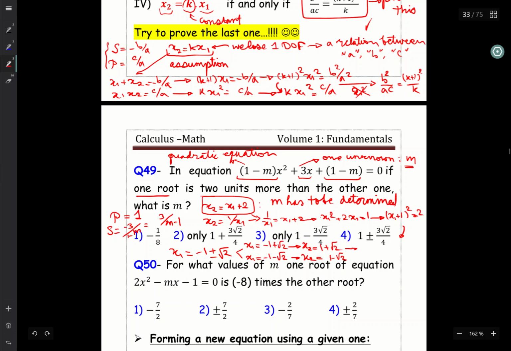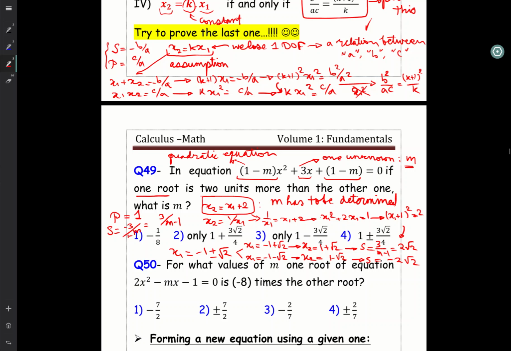So, and then here, what is the sum here? The sum is 3 over m minus 1, right? And here the sum is 2 square root of 2. For the bottom one, the sum is minus 2 square root of 2.